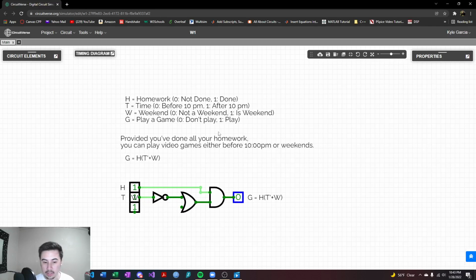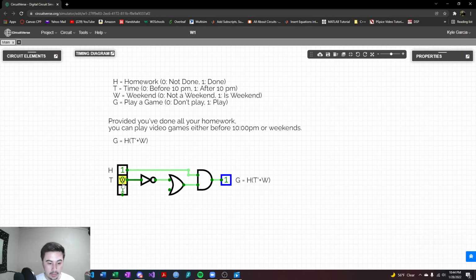Based on this sentence, we're able to derive an expression where we only play games if our homework is done, and it's either a weekend or it's before 10 p.m. Hence why I negated T here, because 1 is defined as after 10 p.m. So the homework must be done, that's a given, and either it's a weekend or it's before 10 p.m., or both.